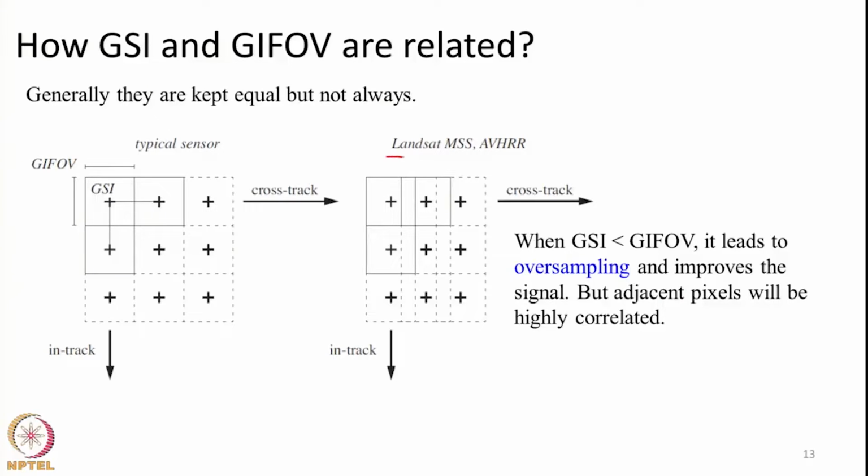Are there any practical examples? Yes, there are. One such good example is the earlier Landsat satellite which was launched into space. This is an example of Landsat MSS, the multispectral scanner, on the earlier Landsat satellites launched into space, or a sensor called AVHRR. Let us take the example of Landsat MSS.